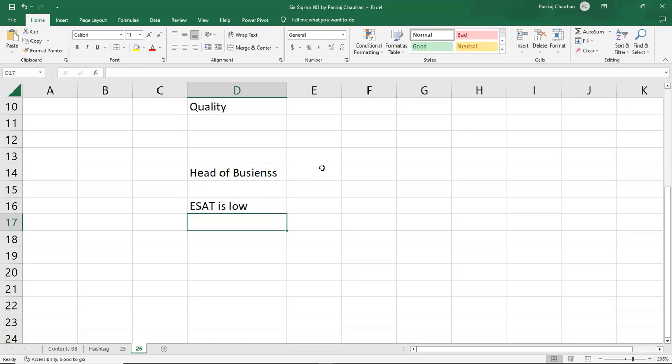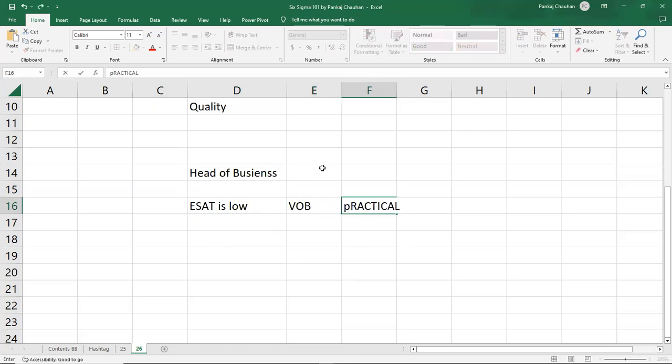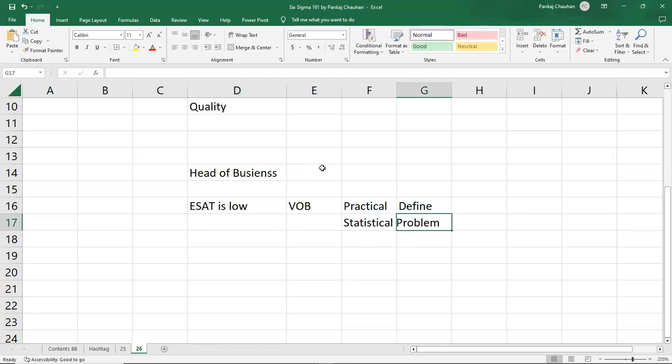First, you have to understand that this is your voice of business, or this is your practical problem, which you learn about in the define stage, and you have to convert this into a statistical problem. In the define stage itself, you have to convert this into a statistical problem.